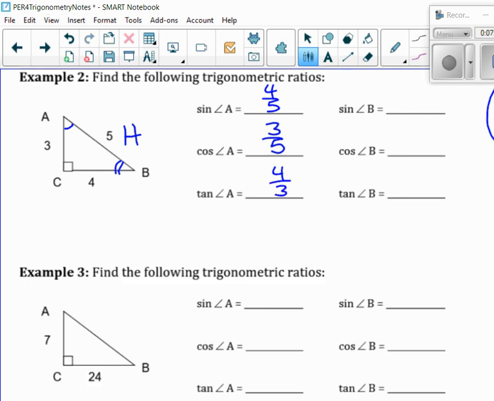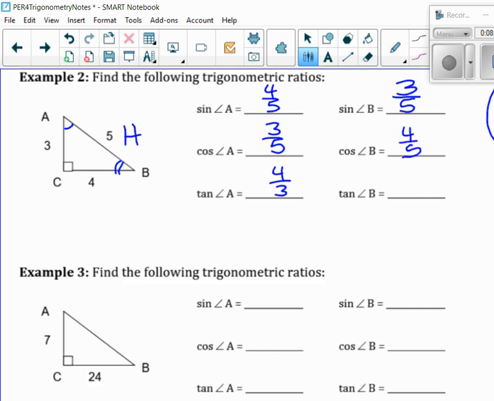Okay, I'm going to give you a second to find sine B, cos B, and tan B. Okay, Kaylin, what's sine of B? 3 over 5, thank you. Remember, it's over the hypotenuse. The hypotenuse is still 5. Eric, cos of B. Yep, 4 over 5, very good.